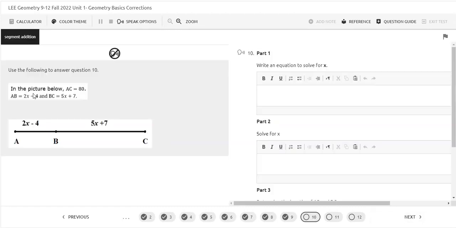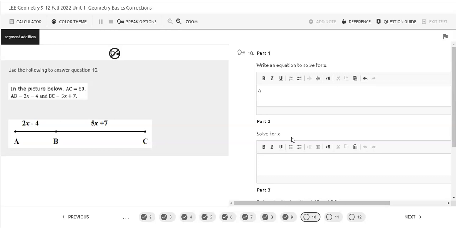All right, in the picture below, we have several parts to this one. It says AC equals 80, AB is 2x minus 4, and BC is 5x plus 7. For this one, I can go ahead and do some editing here. So we're going to write the equation to solve for x.